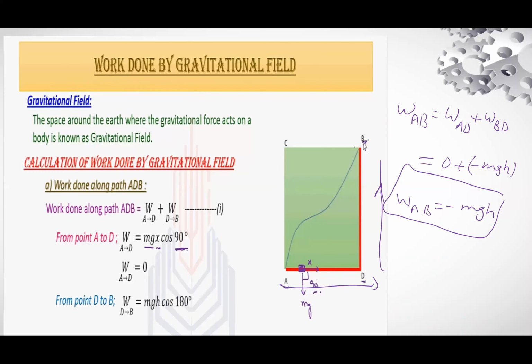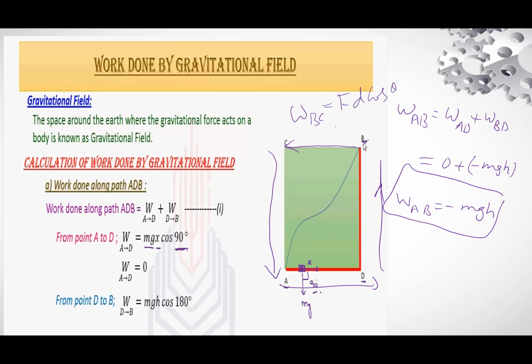If the body is dropped from point B to C and then C to A, the same amount of work will be done. For example, W_BC is equal to F d cos theta.